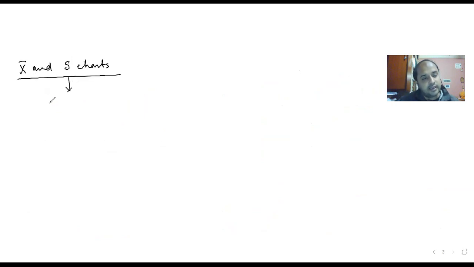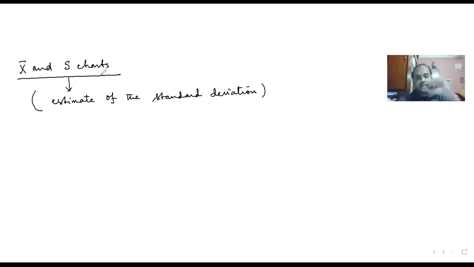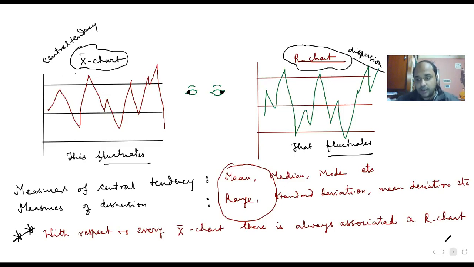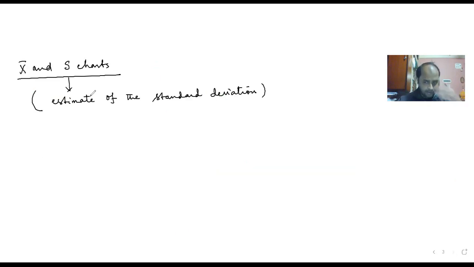Here S is actually the estimate of the standard deviation. In the X bar R chart, you draw two diagrams: the statistical quality control limits for X bar and for range. Here you are going to do the same thing, drawing the control limits for X bar and for standard deviation. So instead of the range, we consider the standard deviation.